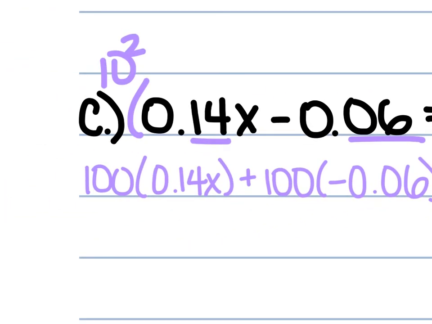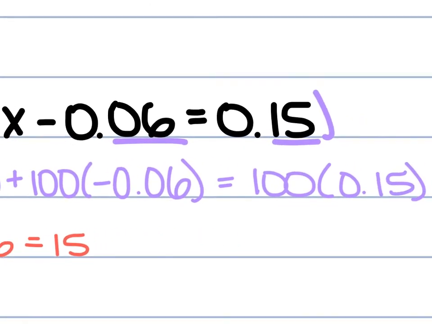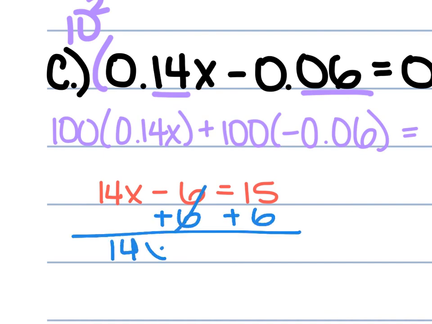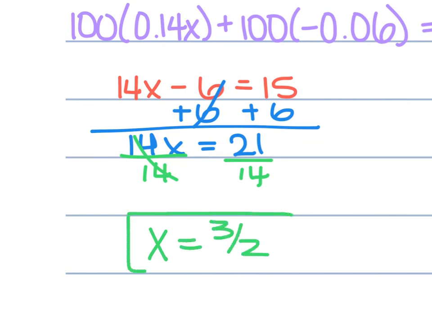So this is going to give us 14x minus 6 is equal to 15. So we're going to move the 6 over by adding it to both sides. We get 14x is equal to 21. Then we're going to divide each side by 14, and we get that x is equal to 3 over 2.